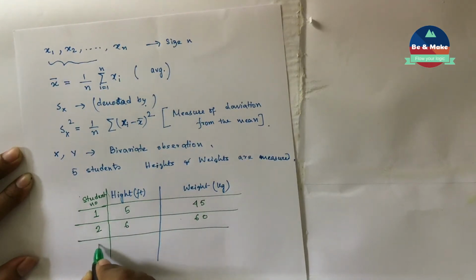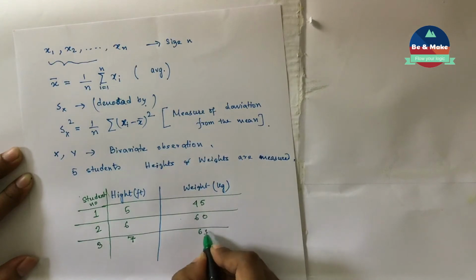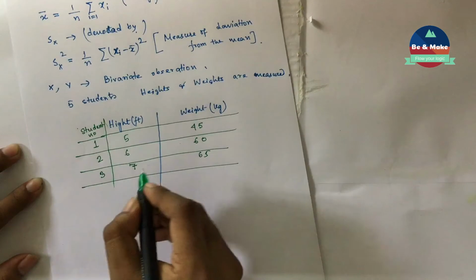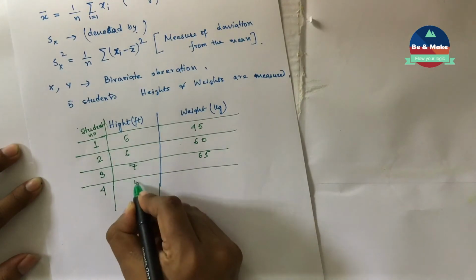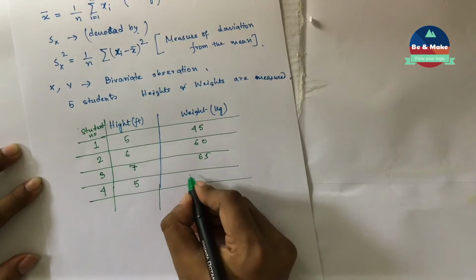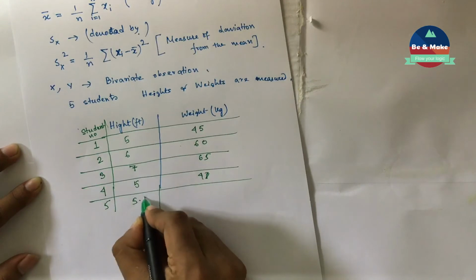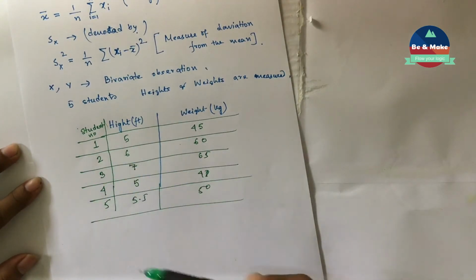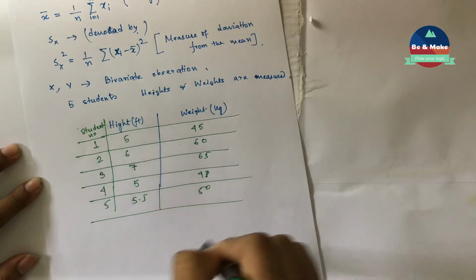Student number 3 has height 7 feet and weight 65 kg. Student number 4 has 5 feet height, 48 kg, and so on, 5.5 feet and 50 kg. So this is bivariate data. You have two sets of observations, height and corresponding weight.